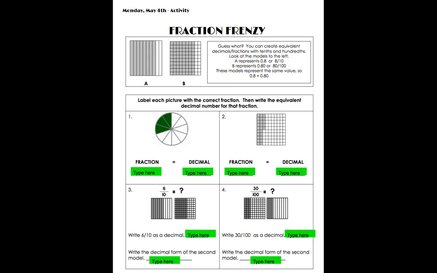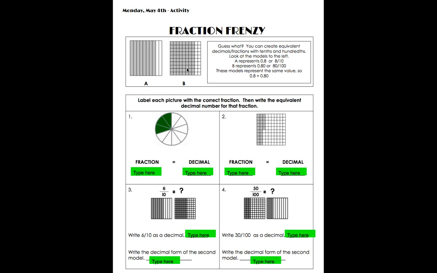If you said yes, then you are correct. Because A, even though it's split into tenths, if you went through and split all of these tenths up to where it made 100 little ones, you would have 80 covered. That's the only difference here, guys. Right here, you have 80 hundredths, so 80 little ones, and right here, you just have 8 tenths. So they just put in a little bit more work and made your pieces smaller.